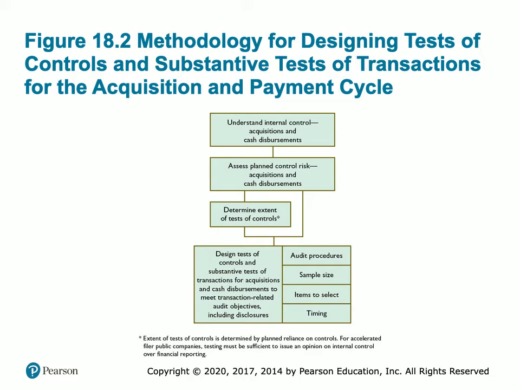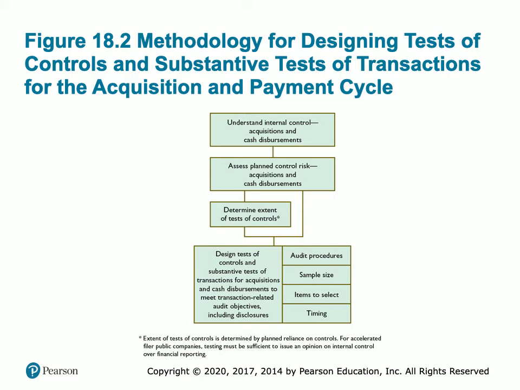But on the control side, you would also do testing looking for authorization of payments and authorization of actual purchases. Okay, so you can see this is a similar structure. So we're seeing patterns in how we're auditing. We're designing tests of controls.